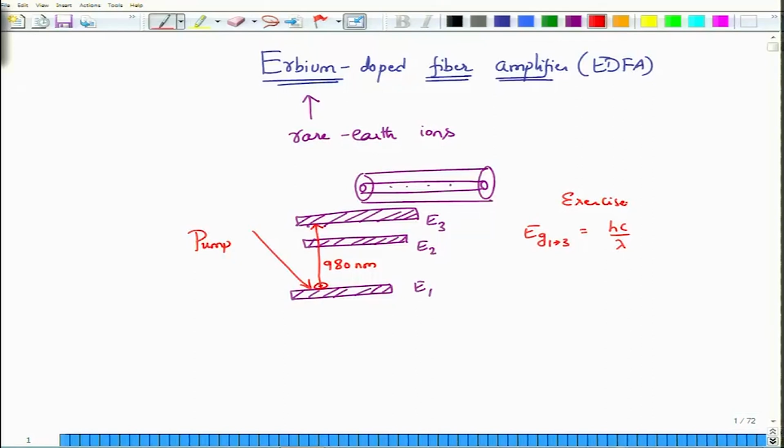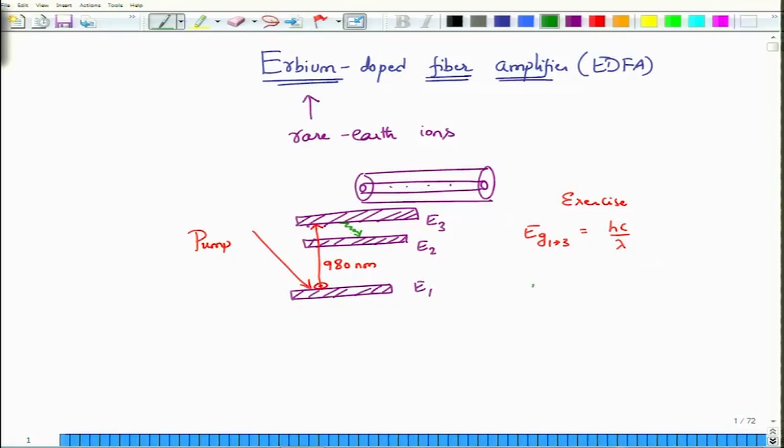Okay, so when you pump it, these ions sitting in the energy state E1 will be raised to the energy level E3 by absorption of the pump photons, where they will quickly decay in a non-radiative manner to energy level E2. This is very crucial, and we have seen what conditions are necessary for this.